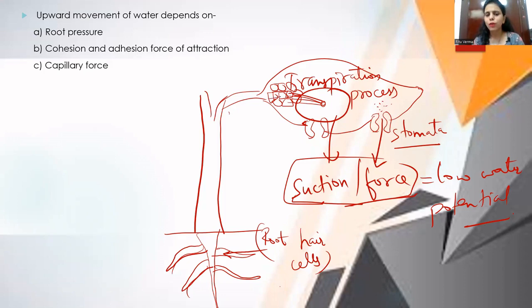Now, when this water which is present inside the xylem vessel moves outside the xylem vessel and occupies the air spaces, or maybe moves inside the cell, the water which is present in the other xylem vessels, the xylem vessel of the stem, or the trunk, or the root, all this water slowly starts moving up due to the property of cohesion and adhesion force of attraction.